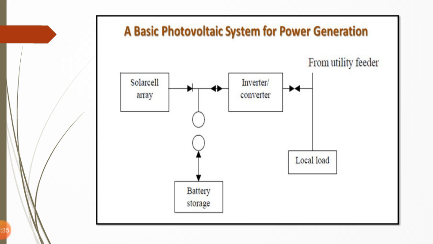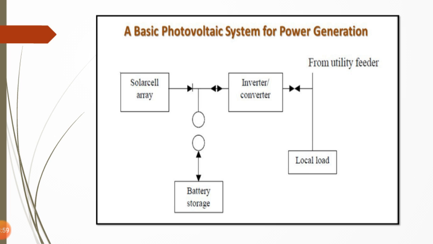The first component is the solar array, which converts the solar light into electricity, and which is DC. After that, there is a diode. The diode is the blocking diode, and this blocking diode only passes the electricity from the solar array to the grid or battery.